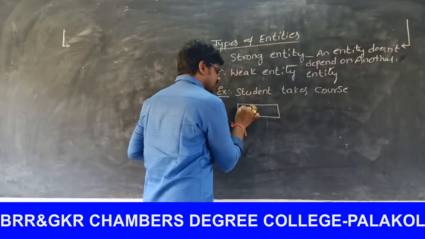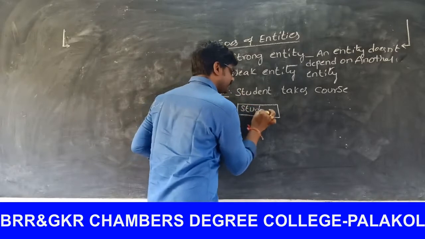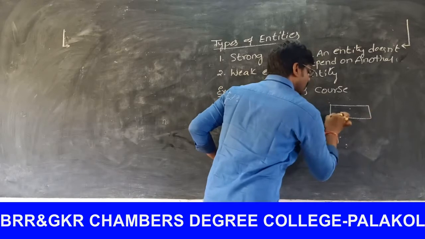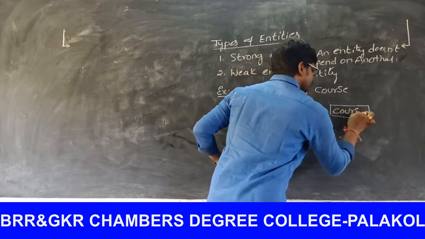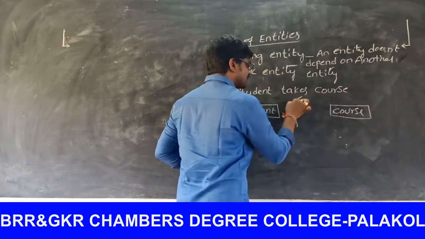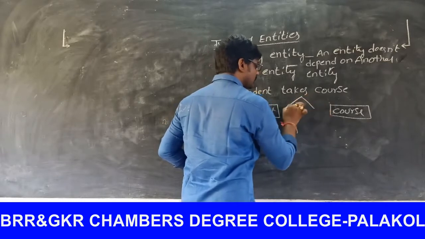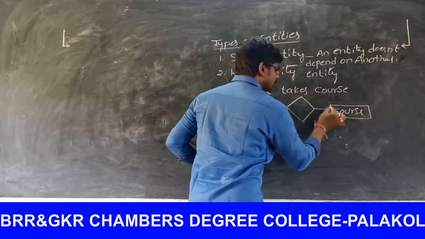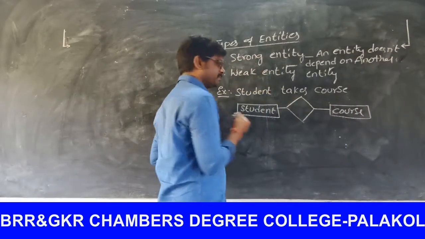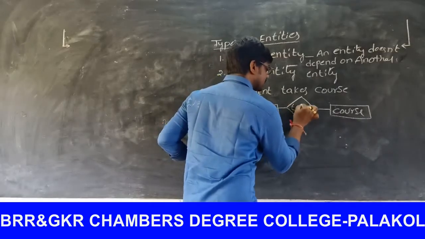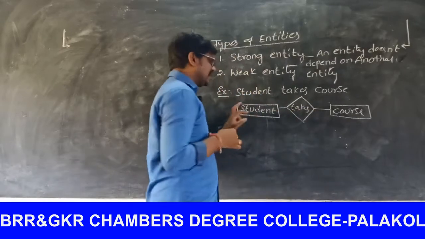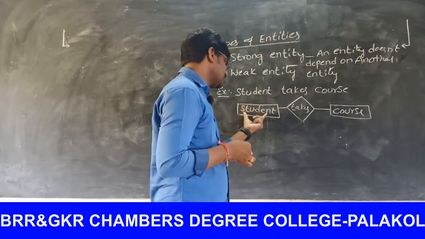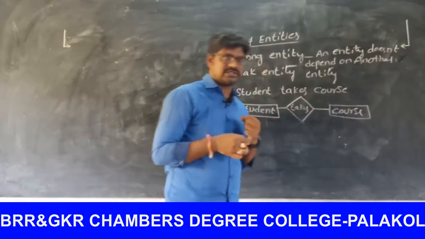I am using symbols: student, course. What is the relationship between these two? This is the relationship symbol. So both are connected by takes. This is the representation: student takes course.